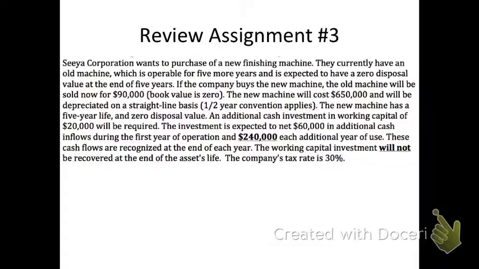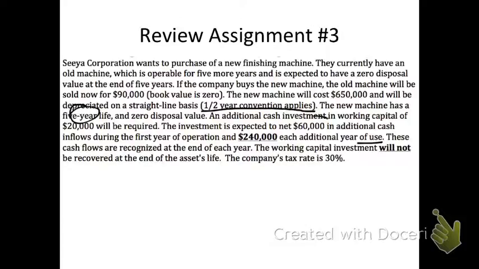So here's the part where you really have to pay attention. I'm expecting to use this machine for 5 years, and it doesn't say that we're going to sell the machine that costs $650,000. So if I'm using the half-year convention, and I'm not selling it at the end of the time that I use it, it has a 5-year useful life, and I'm going to use it for 5 years.